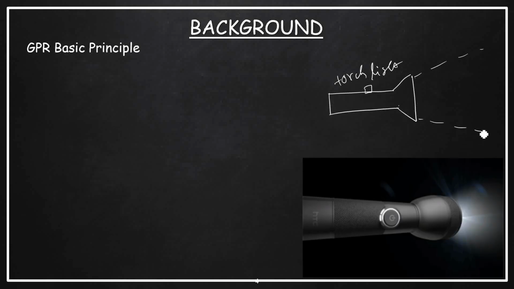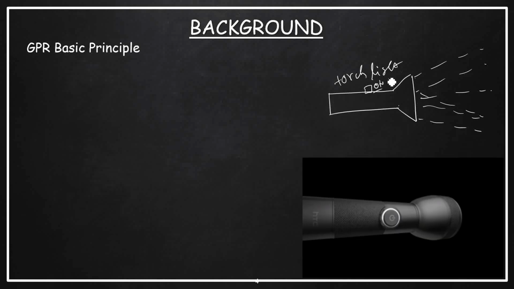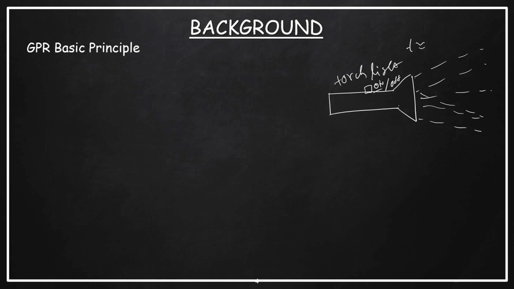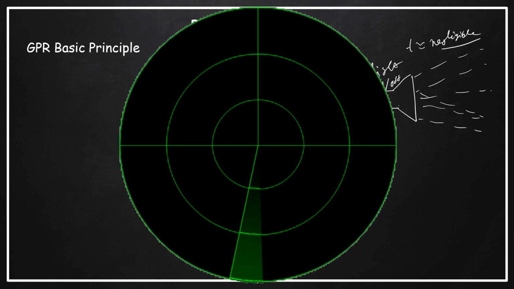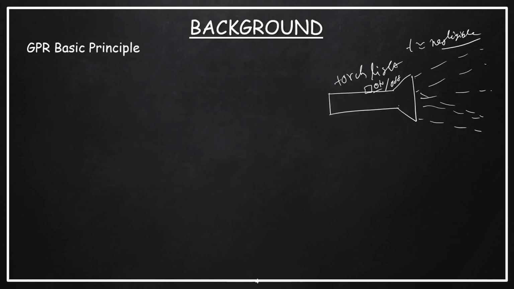You are playing with the torchlight, sending some kind of signal by putting it on, and at the next instant putting it off. This is not directly related to the GPR method, but it is an example to help you visualize what impulses mean.